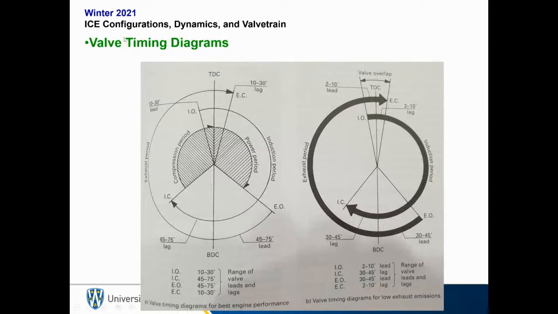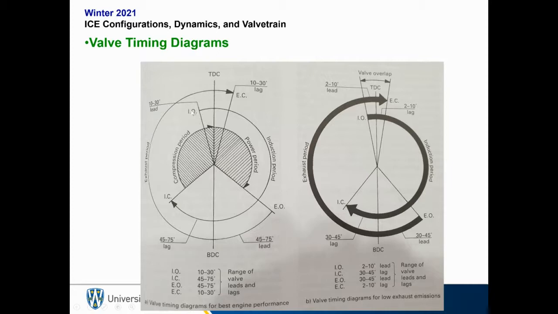Okay, so let's look at the concept of valve timing diagrams. So when we discussed the 4-stroke engine, we said each stroke has a unique function. Well, it's not quite true because when you have your valves opening and closing to either let intake in or exhaust out, we have something called valve overlap. In other words, the intake valve doesn't open when the intake stroke starts.